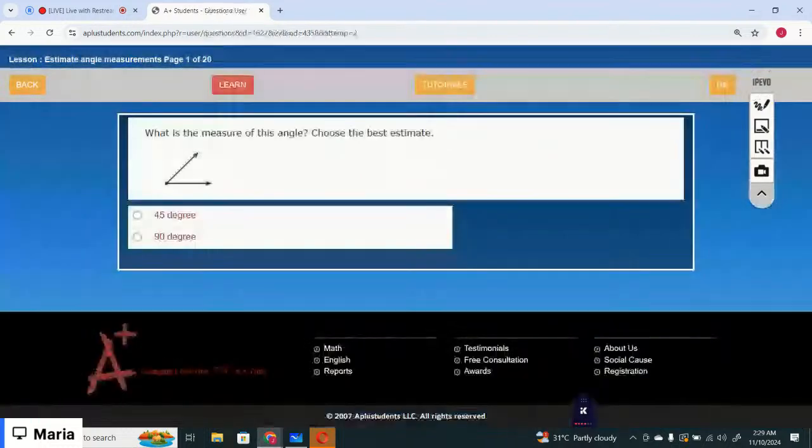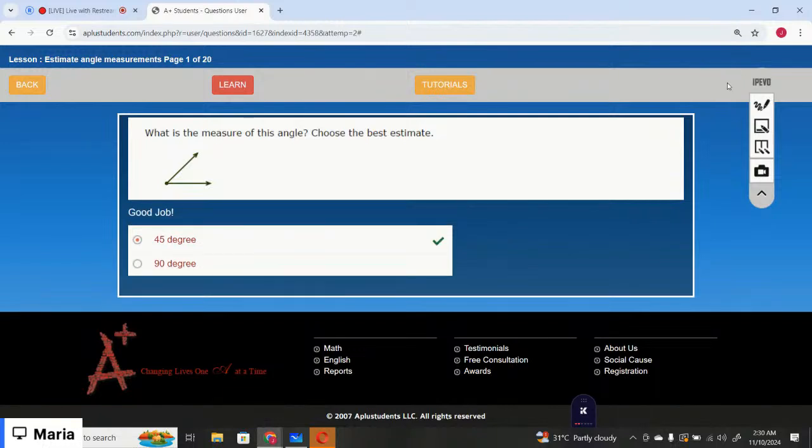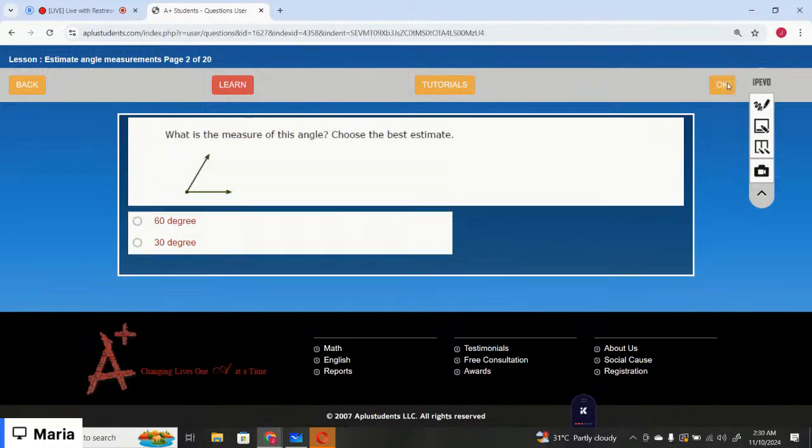What is the measure of this angle? Choose the best estimate. Which is the correct option? That is 45 degrees, right? The correct option is option number one, 45 degrees it is. What is the measure of this angle? Which is the correct option?